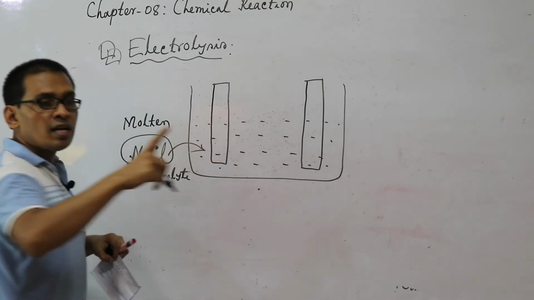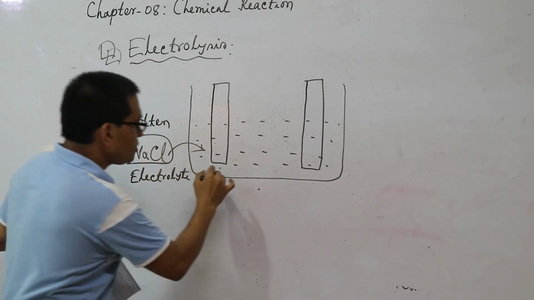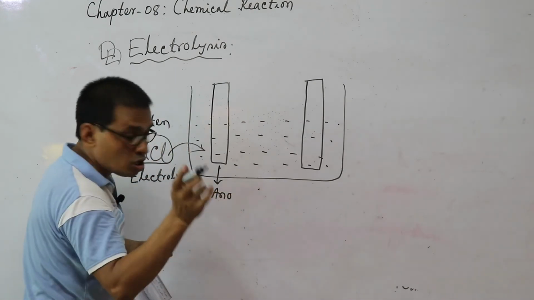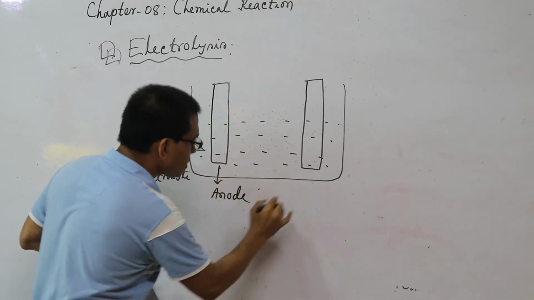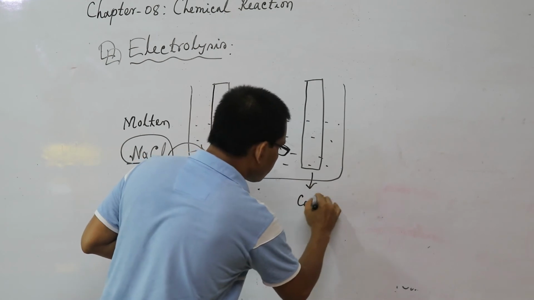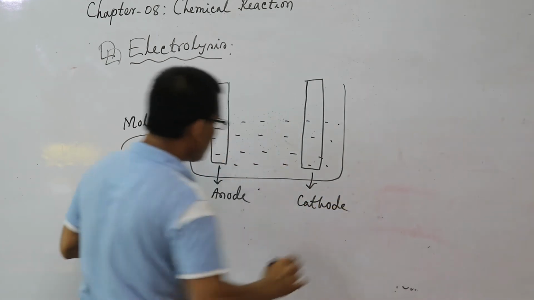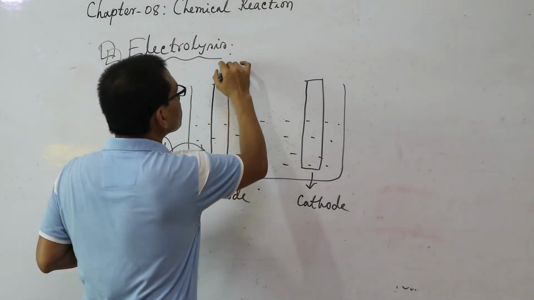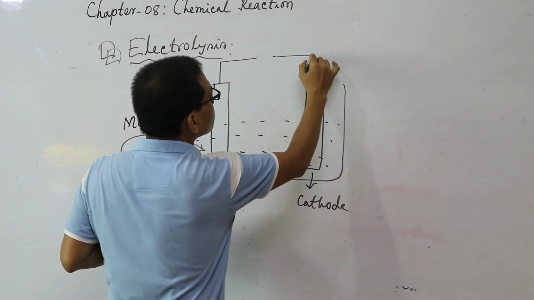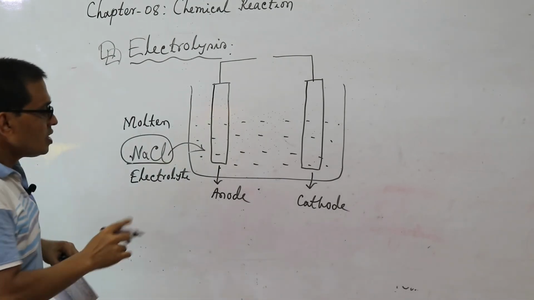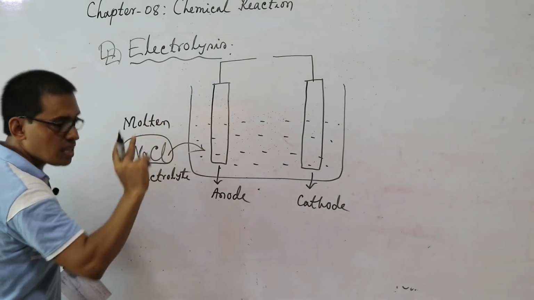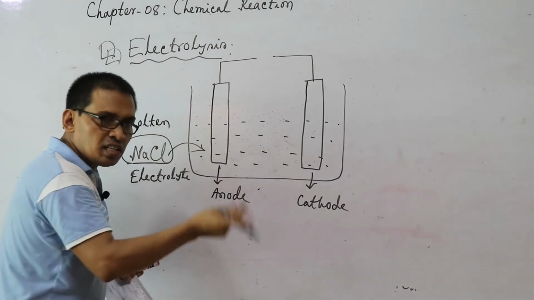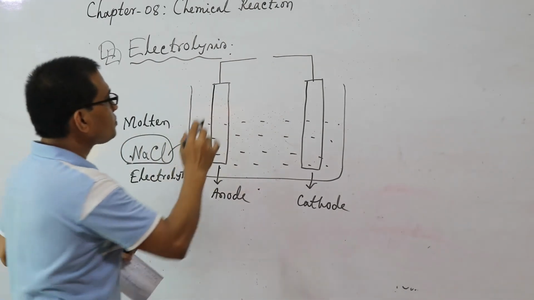Electrodes are electric conductors. Electrodes are of 2 types. They allow electricity to pass through them.